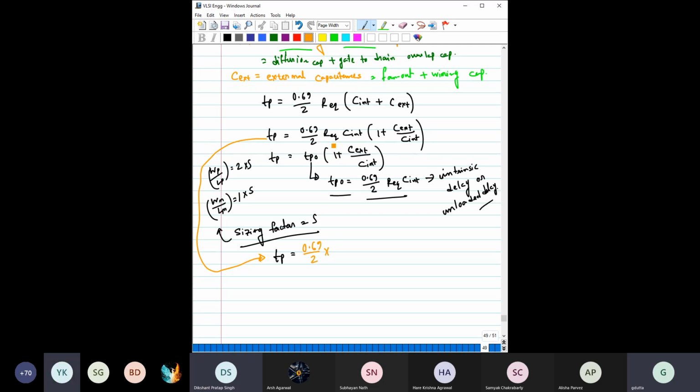Okay. So what about R equivalent? Is R equivalent going to change if we size the transistor by S times?